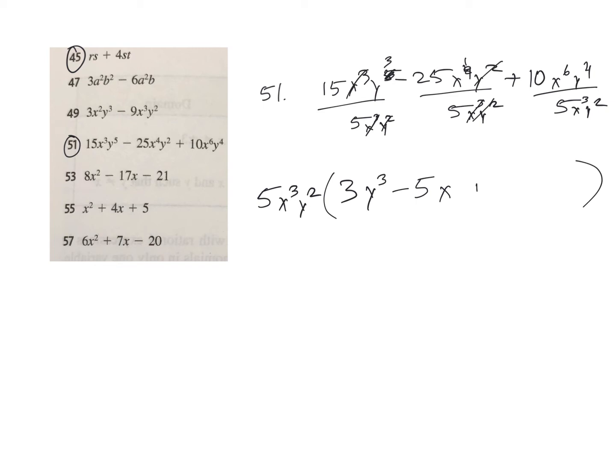And then we have 10 divided by 5 is 2. 3 of these x's reduce with 3 of those, leaving an x cubed. And 2 of these y's reduce with 2 of those y's, leaving y squared. And then you need to look at this and say, hey, that's a trinomial. Does that factor? But for the sake of time, this does not factor. So you're done at this point. All right, let's move on. Let's do number 57.